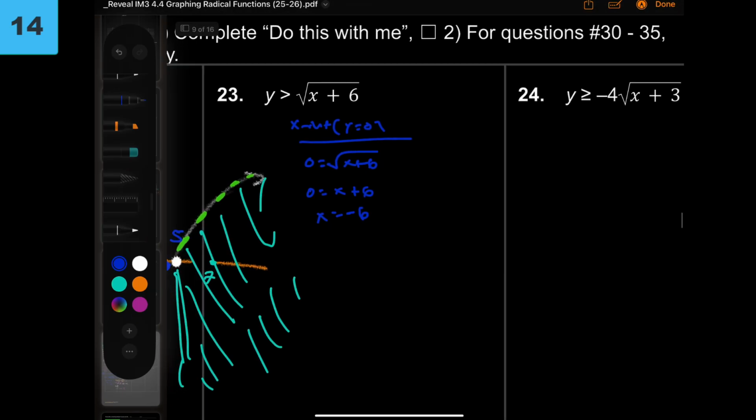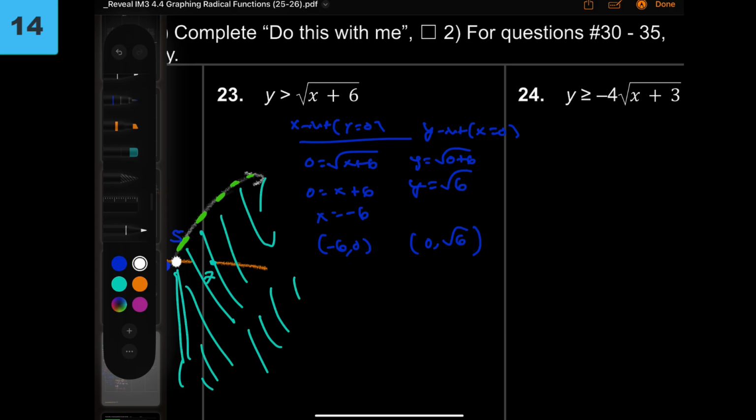And then you have the y-intercept, make x equals 0. So you have the y value, so (-6, 0) and (0, square root of 6).